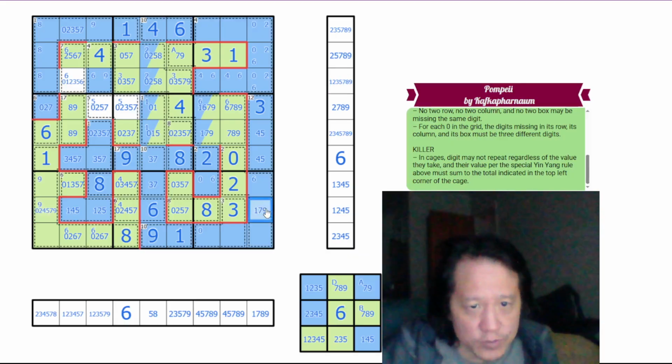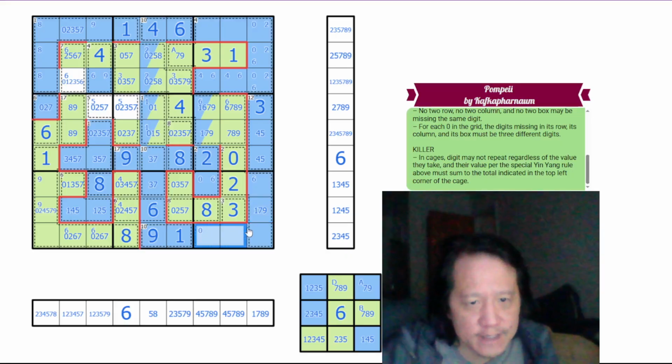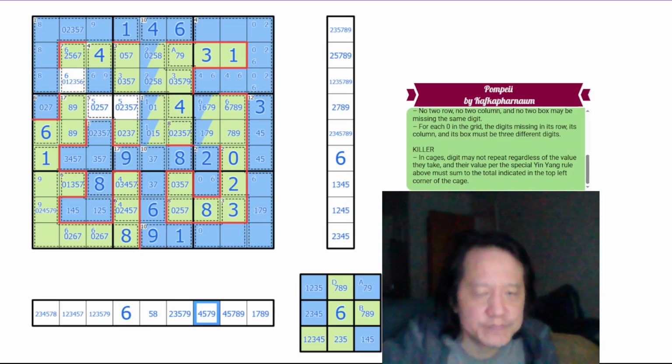One of these two is a 9. That's interesting. One of these 3 here is a 9. But that doesn't really help us much, right? 9 can't be here. We know we're not missing a 9 in box 9. Okay, so we're not missing an 8 in column 7.